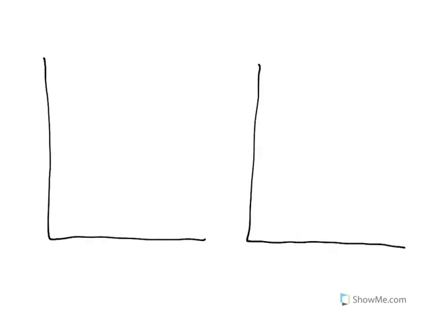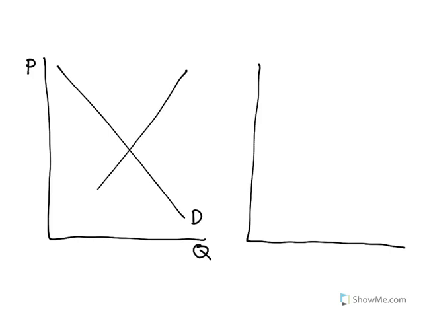And it's the idea of a constant cost versus an increasing cost industry. So what I want to do is go ahead and draw, for the final time in this unit, or at least in this video, supply and demand for our market.